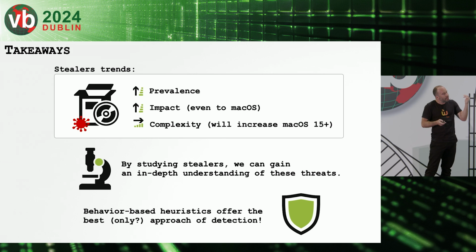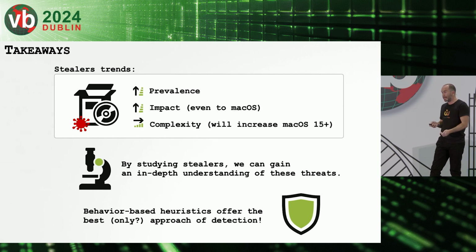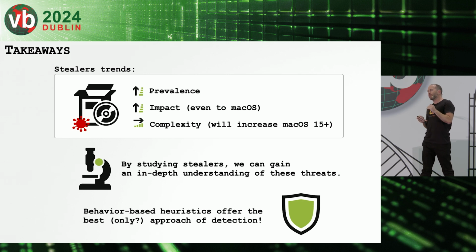And then lastly, the complexity, really not quite there yet. The Atomic malware stealer that we talked about, it's really not that sophisticated, but it's still very widespread and has an impact. What will cause these malware specimens to evolve are two things. One is we become more aware and write better detection capabilities as third-party defenders. That will definitely cause a change. Also, though, Apple is introducing additional security features, especially in macOS 15. For example, the Gatekeeper bypass is now way more problematic.